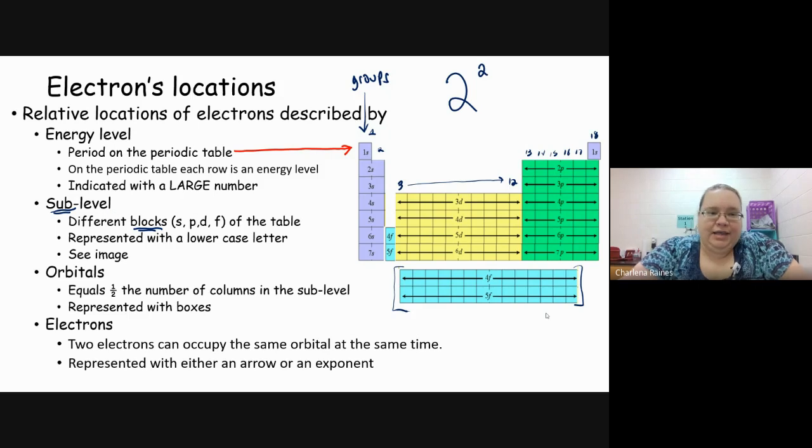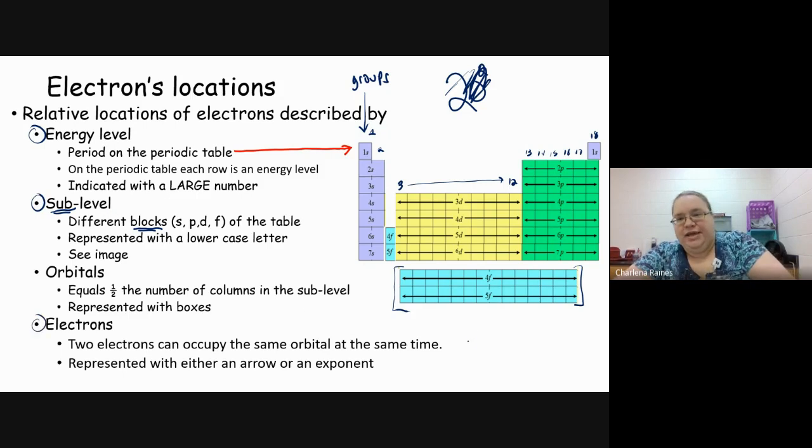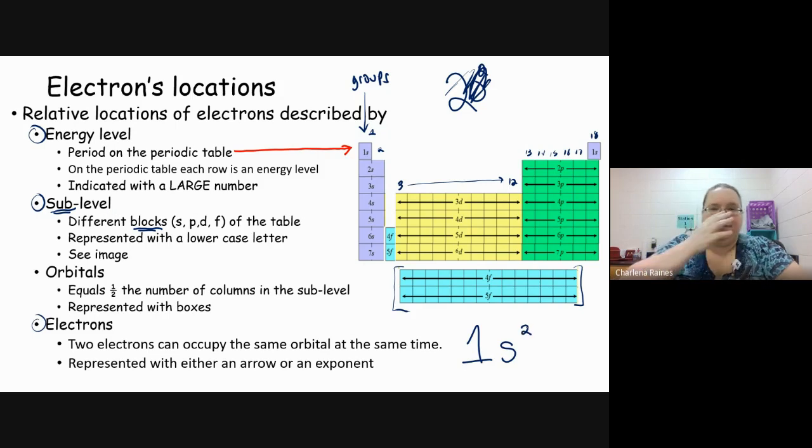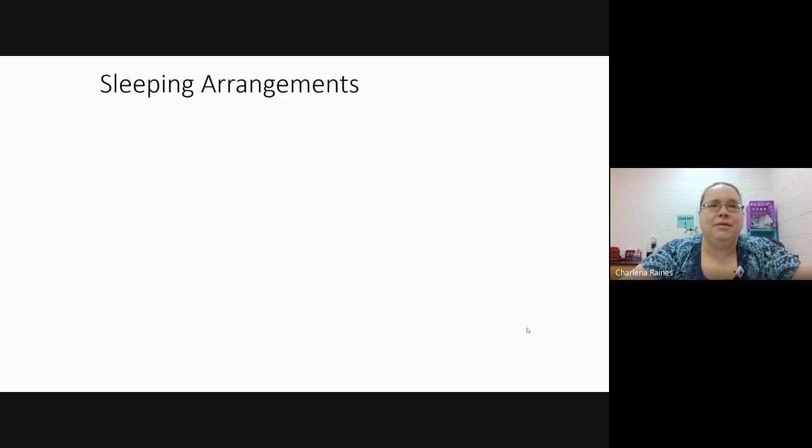So my electrons, if I'm not drawing them, we represent them as an exponent. So if I put energy level, sublevel, and electrons together, we get a big number, a little letter, and an exponent to represent a total of 2 electrons in the first energy level, in the first sublevel, or S sublevel.